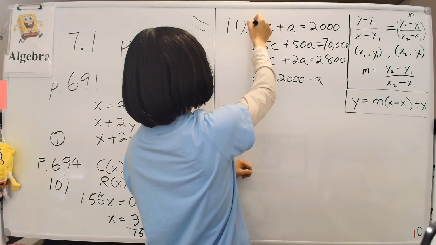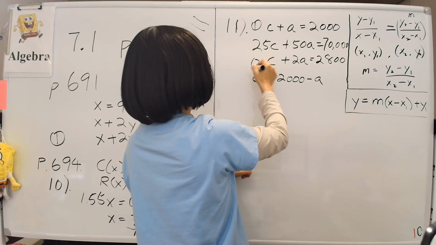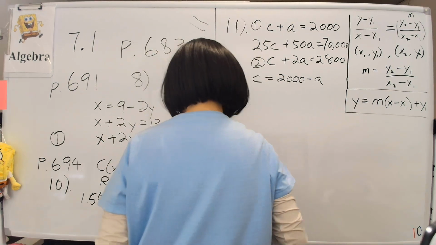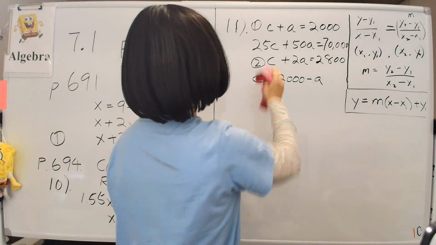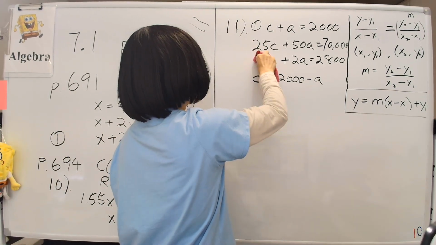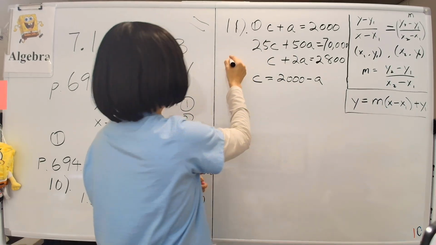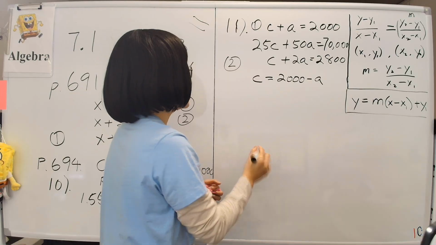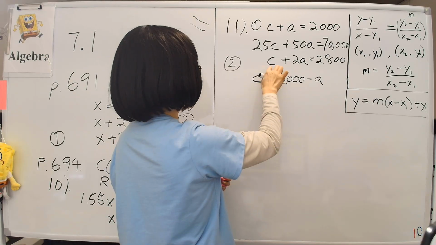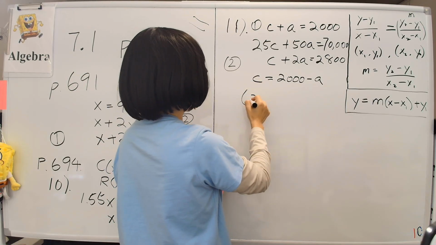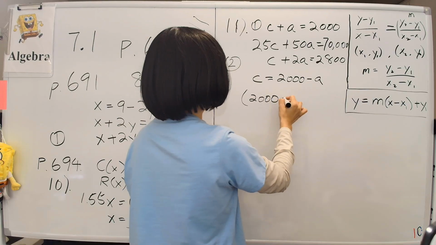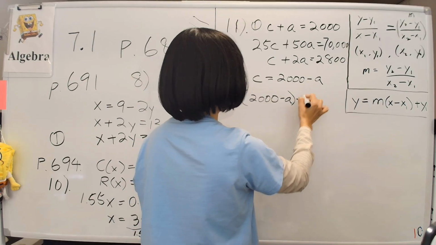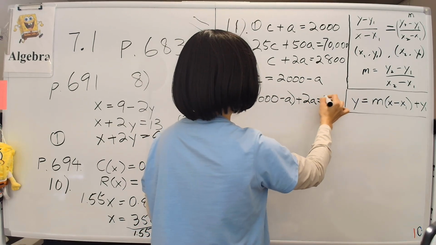Okay, this is equation 1, and this is equation 2. Let's plug this into equation 2. So then C is this thing, plug it in here. We have then 2,000 minus A, and then plus 2A, that equals 2,800.